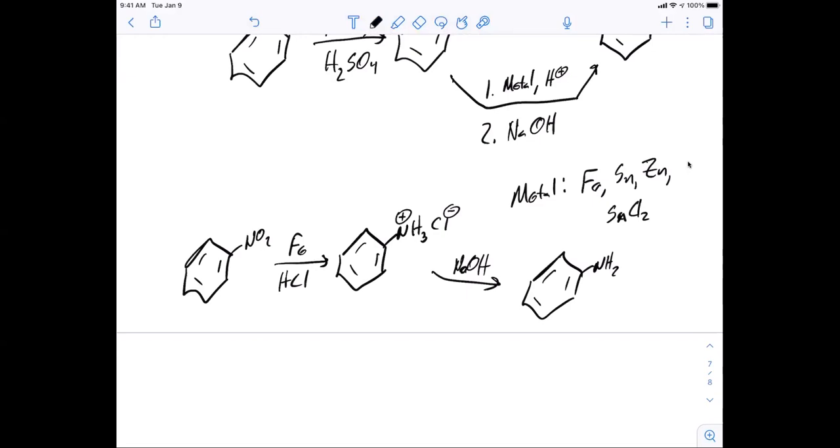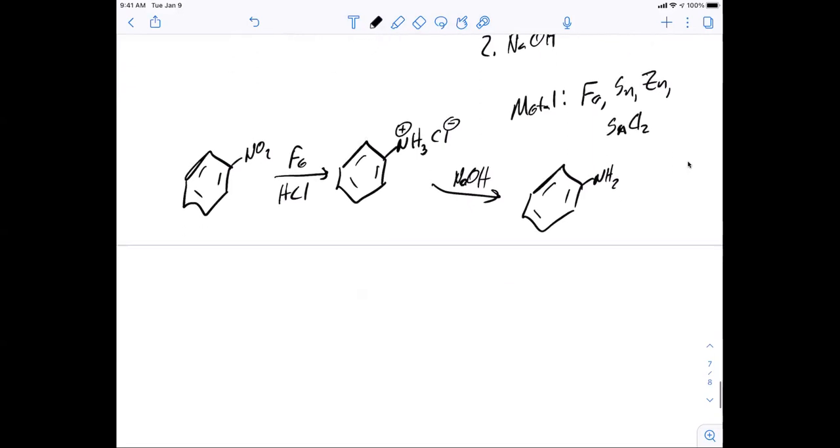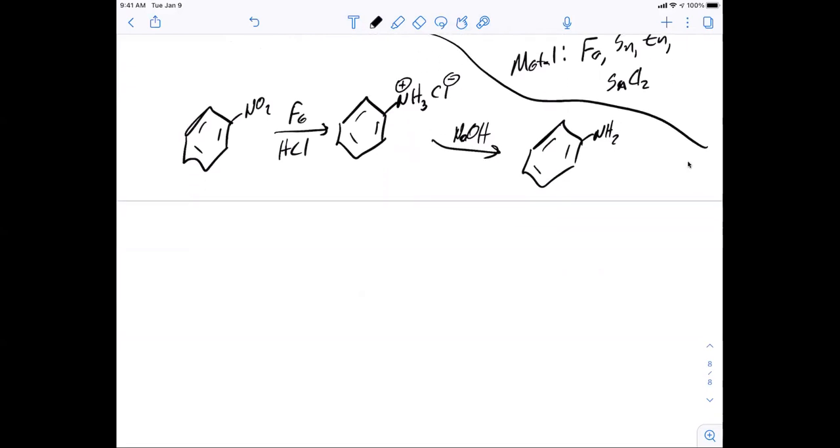Same thing as free basing cocaine versus just regular cocaine. Free basing cocaine, all you do is you treat cocaine with lye, and all of a sudden it can make it much more potent because it's the same compound. All you're doing is making it get into the bloodstream faster. Our pseudo useless fact of the day.